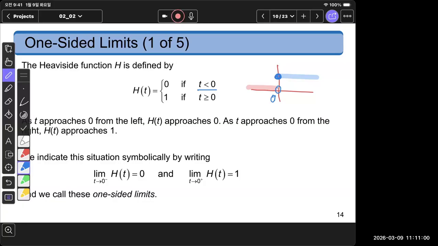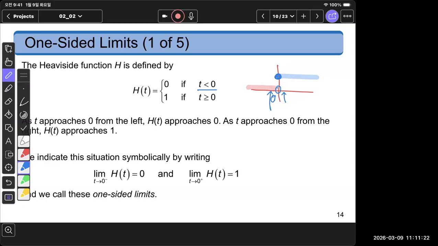Now, when I consider some t value which is very close to 0, but negative, the function value will be 0. If I consider any positive t, and it is very close to 0, the function value will be 1.